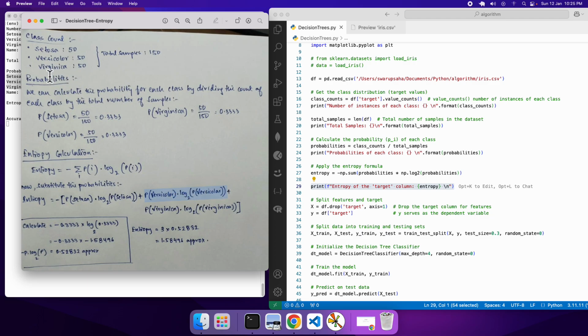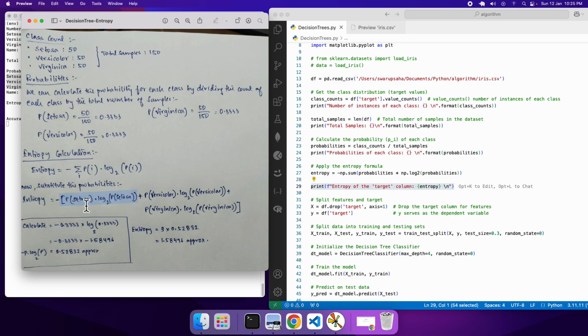This is for the versicolor, and lastly we have to go for virginica also. So probability of virginica into log of probability of virginica base 2. And the outer is a minus, and this is the entire representation of the formula for entropy.